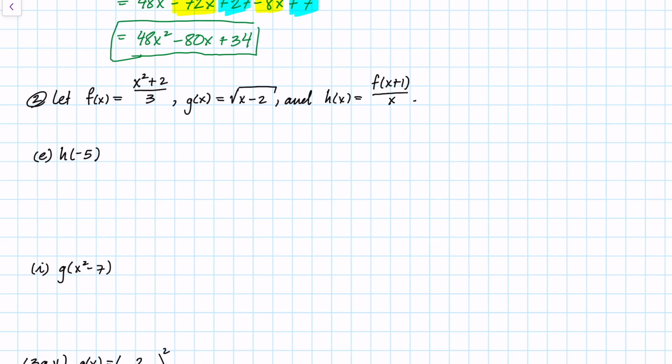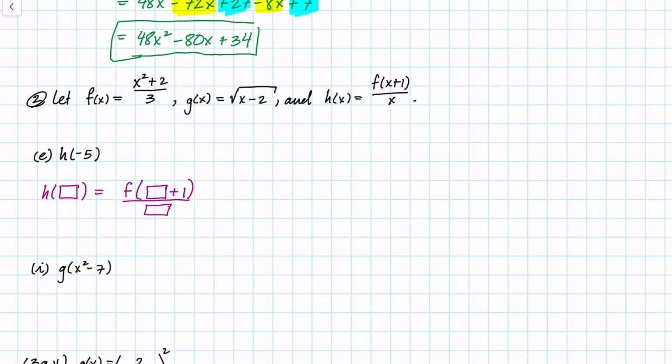So again, I just like to think of my functions' inputs as empty boxes. Okay? So all I have to do for h is put something in my box. And what h is doing is that it's going to take whatever I put in that box, add 1, and put this as an input for my f, divided by the same thing I put in the box.